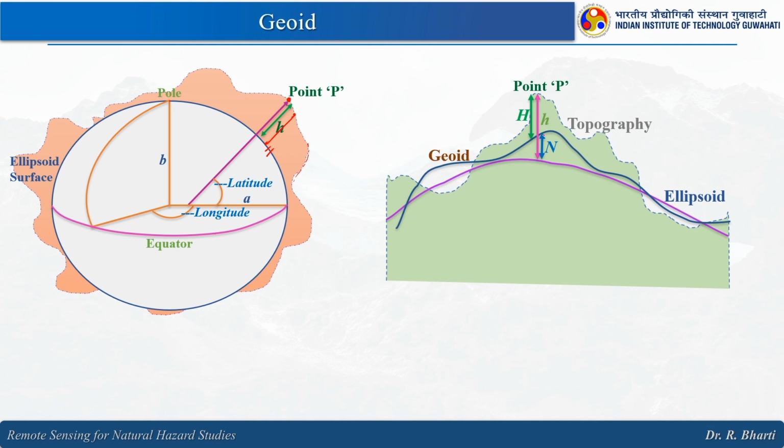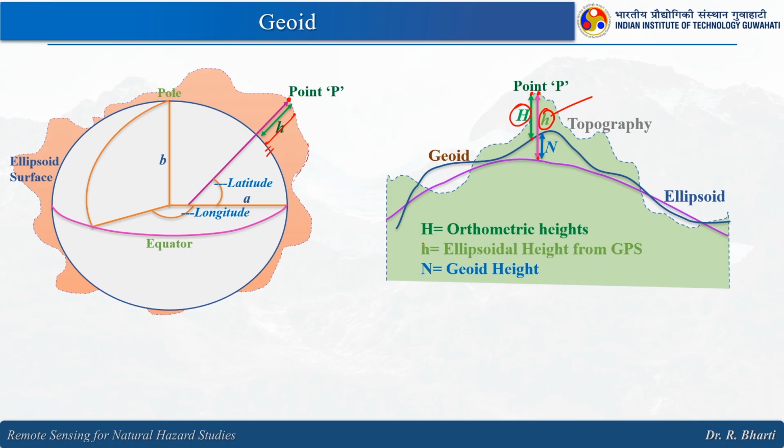Here you can see that earlier we had this point here, and the difference between the ellipsoid and the topography we have represented with small h, and the difference between the geoid and the actual topography is represented with capital H, right. So, we have different terms here, very carefully you see.